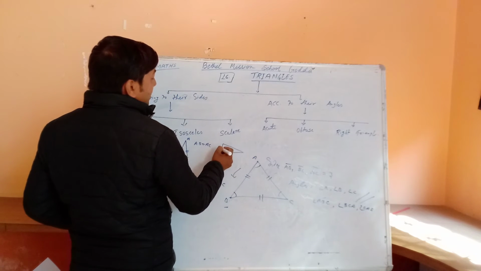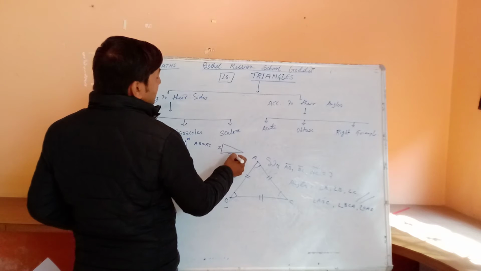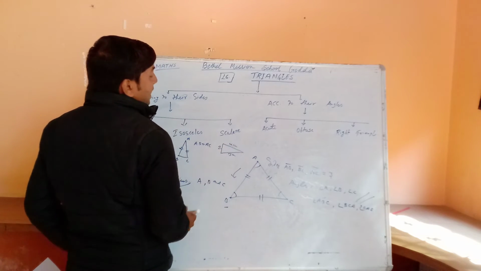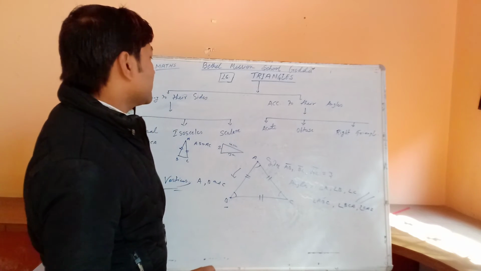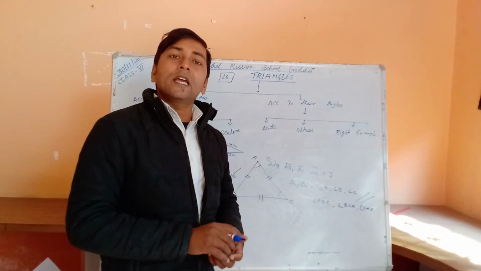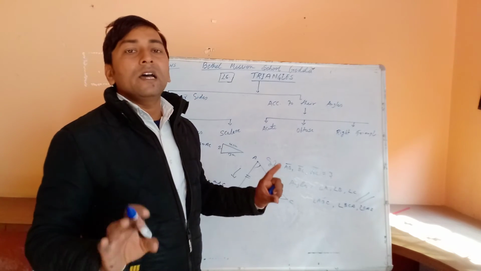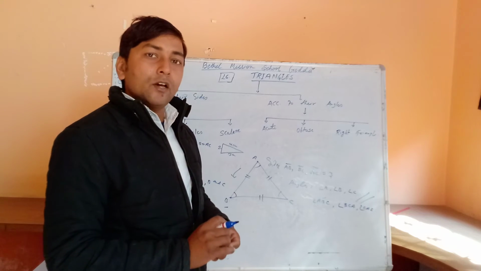If this is 2 centimeter, this is 3 centimeter, this is 4 centimeter, then it is called a scalene triangle. In it the sides are unequal. Okay, I hope you got it.